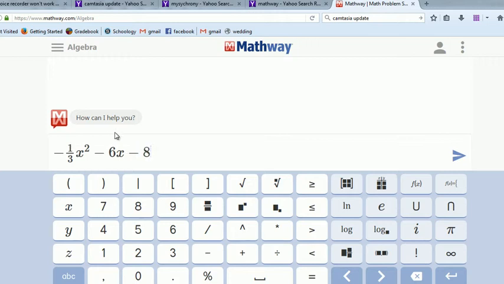So that gave me my 24. Was it plus 8? Because that gave me my minus 24.